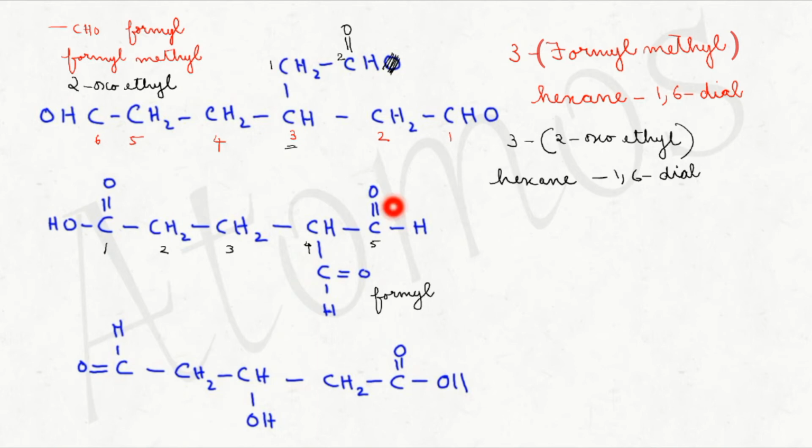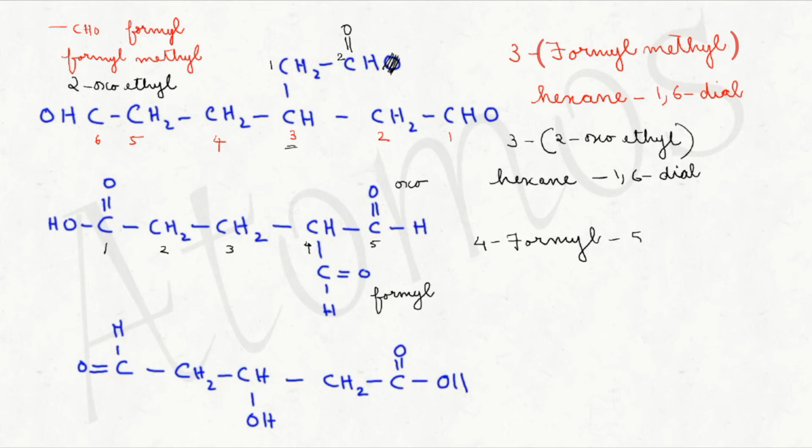In this aldehyde group, we are including this carbonyl carbon for numbering. So, what will be the name of this substituent? We can give the name oxo. So, in alphabetical order, the formyl group will come first, right? So, what will be the name of the compound? We can say that, C4 formyl.